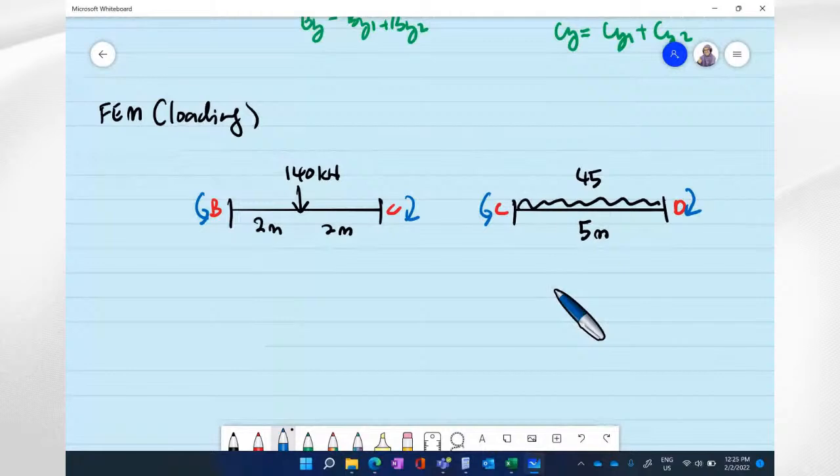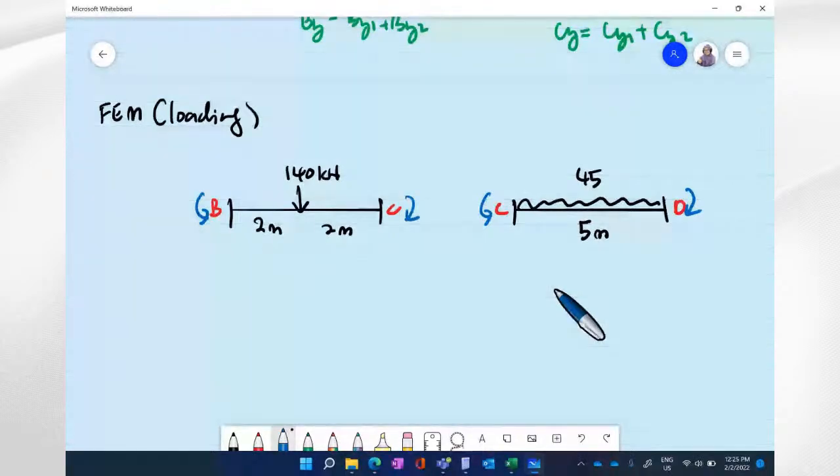So this is the behavior, the blue arrow, representing the fixed end moment for loading.